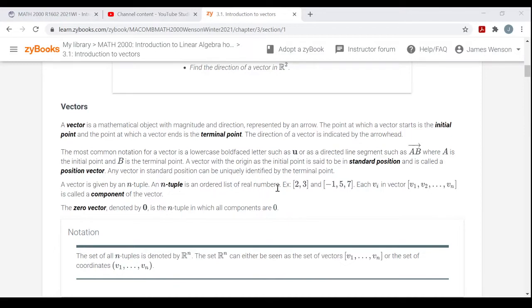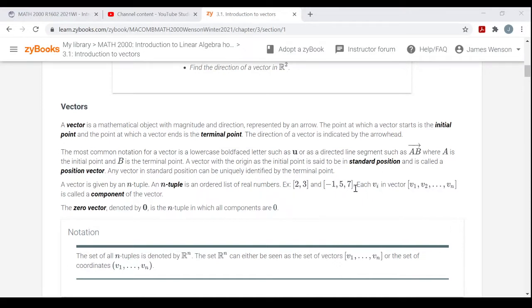You've seen ordered pairs, ordered triples, and so on. But here, if it's specifically a vector, in this book they're going to use square brackets on the outsides. So you see the brackets and then 2, 3 inside, and then the brackets and then -1, 5, 7.